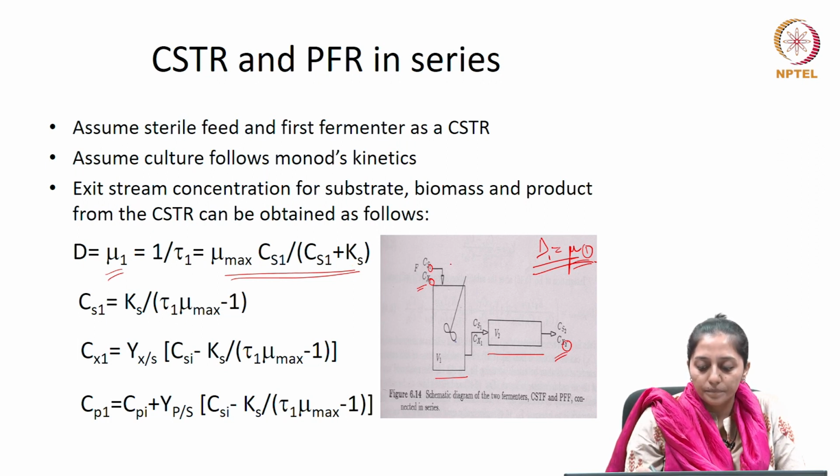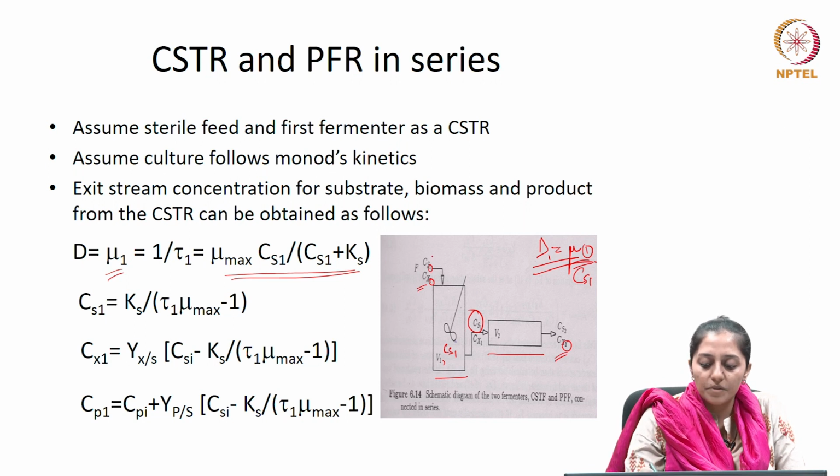Now the substrate concentration inside the reactor is CS1. Because it is an ideal steady state CSTR, whatever the concentration inside the reactor is will be the same concentration coming out of the reactor, which we give the notation 1.